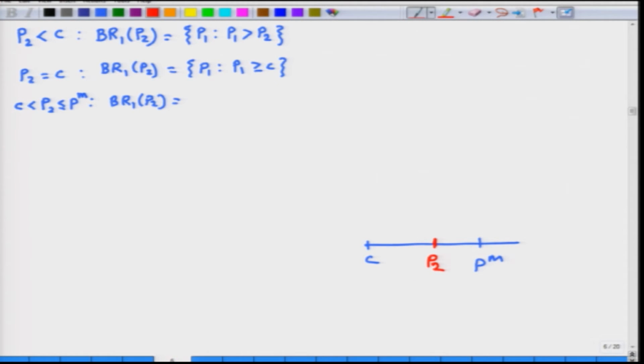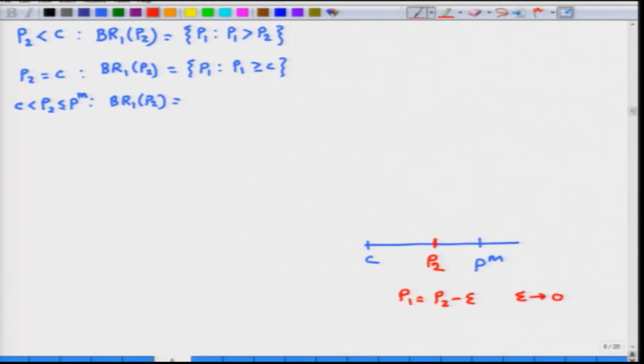Now, what can firm 1 do? Well, because firm 2's price is greater than C, firm 1 can essentially choose a price P2 minus epsilon, where epsilon is a number which is tending to 0. So, if I undercut firm 2 by a tiny bit, then essentially I am pricing below what firm 2 is charging. So, I am going to get the entire market demand and my profits are going to be positive.